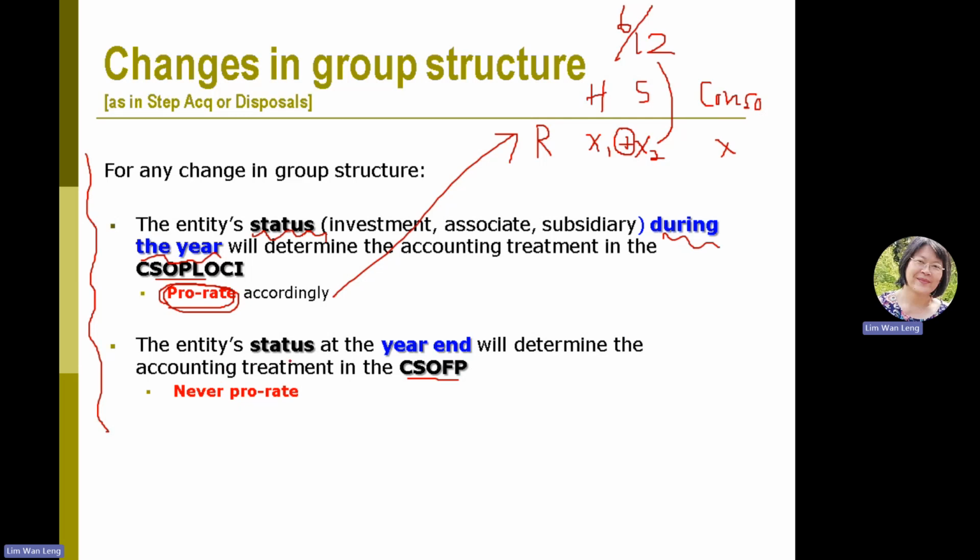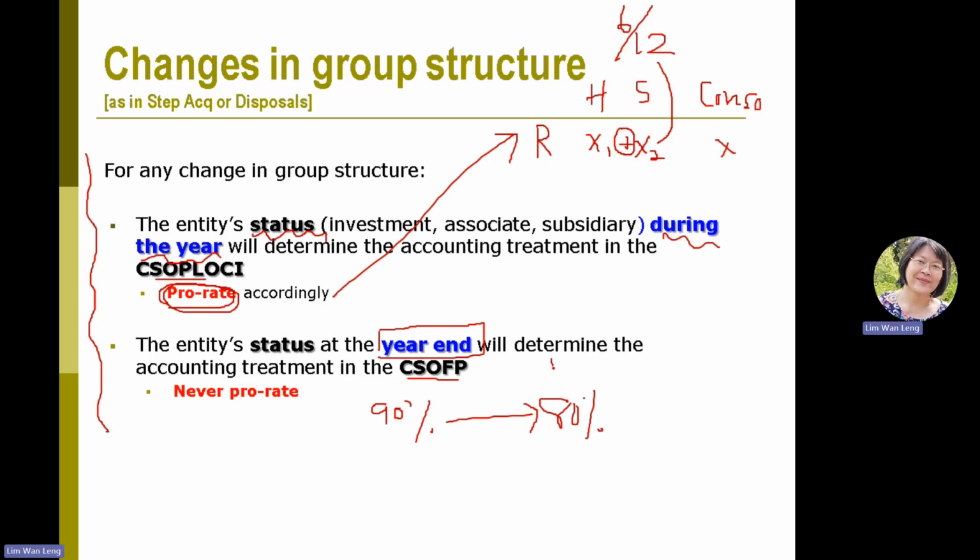Okay. Then the status at year end will determine what should get recorded in the console SOFP. Okay, so later you will see that sometimes we want to do a shortcut with respect to NCI at console SOFP. Okay, so let's say your status is originally you have 90%. Then after the disposal, you become 80%. So, which means what?